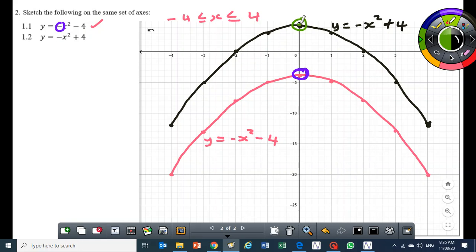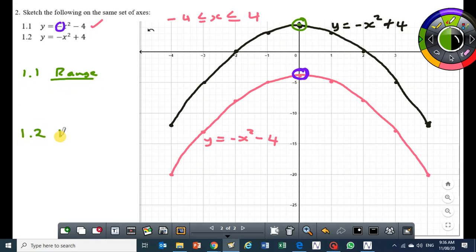Now, just as an exercise, can you write down the range of the two graphs? Write 1.1 somewhere in your book, and for 1.1, write the range, then write the answer down.